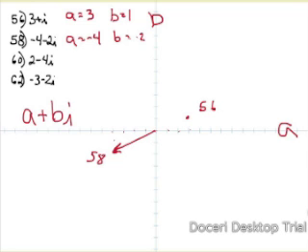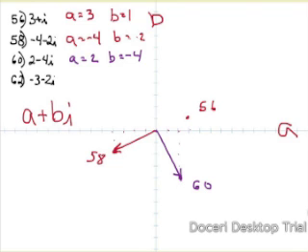Number 60 here, your A is positive 2, and your B is negative 4. So from the origin, you're going to go 1, 2 forward, and then you're going to go down 1, 2, 3, 4. So your final point ends up here. You can draw a vector to it if you like, and that is number 60.